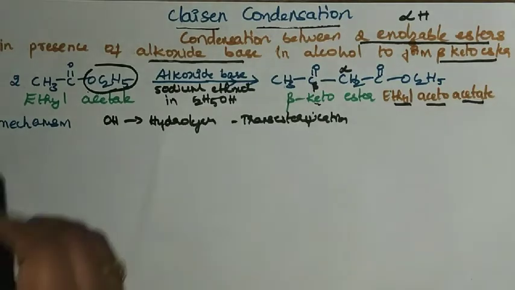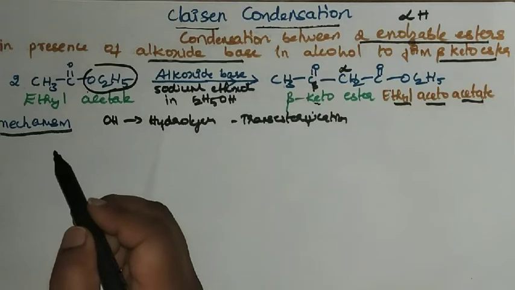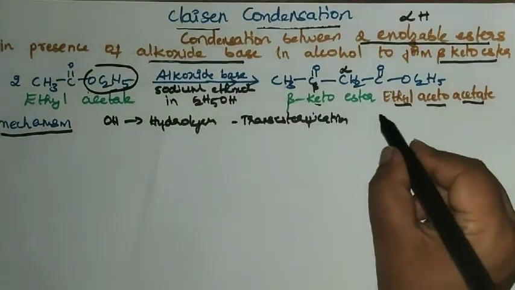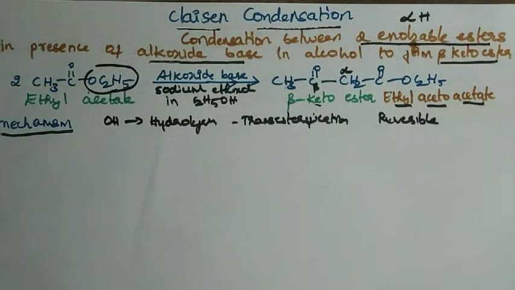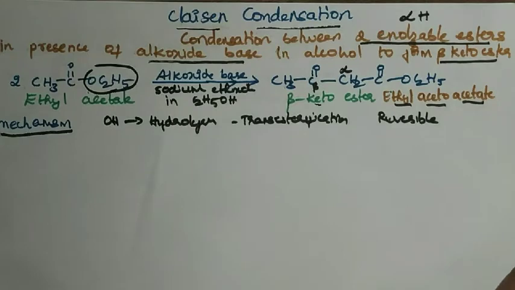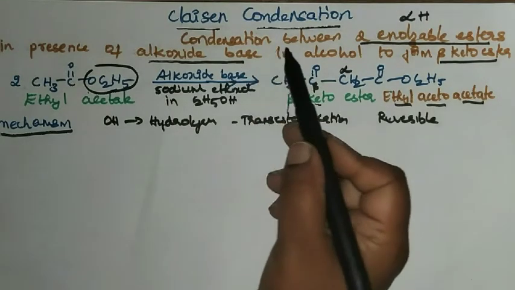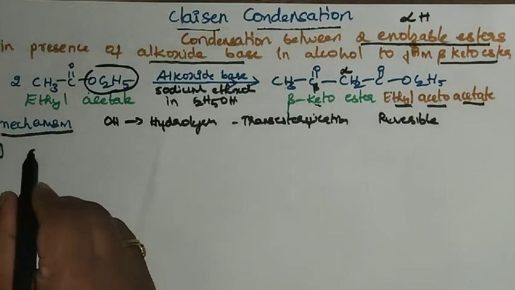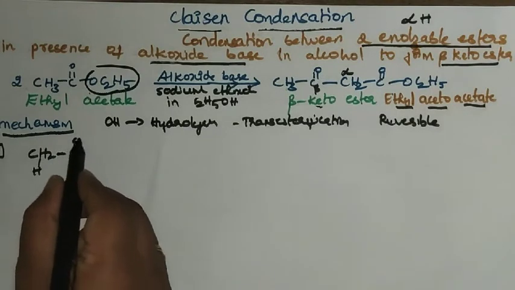So now let's see the mechanism involved in the Claisen condensation. It is similar to the Aldol condensation; the difference is it is a reversible reaction, and here esters undergo condensation in presence of alkoxide base. Now the first step involved is the formation of a nucleophile or a carbanion.